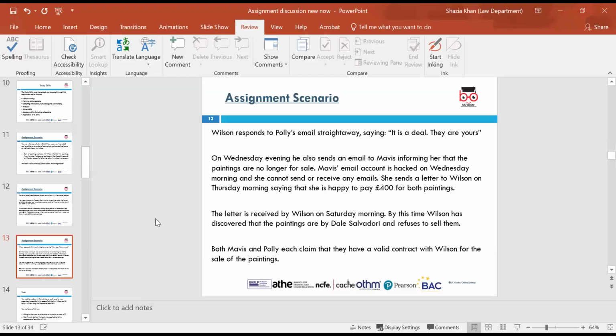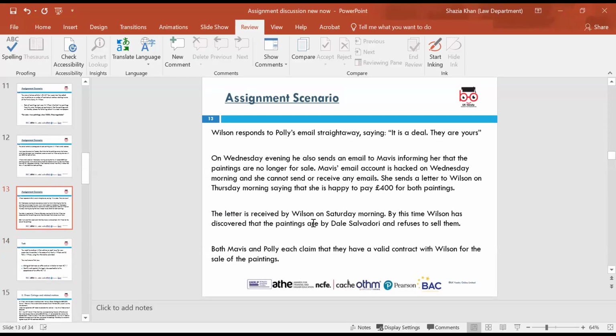Mavis' email account is hacked on Wednesday morning and she cannot send or receive any emails. She sends a letter to Wilson on Thursday morning saying that she's happy to pay £400 for both paintings. The letter is received by Wilson on Saturday morning.